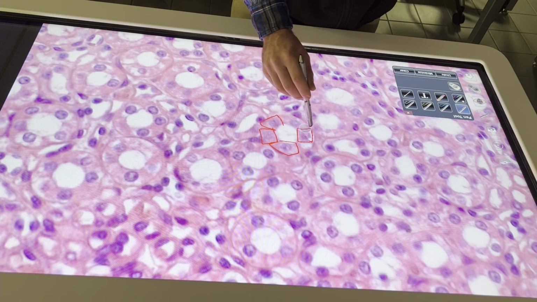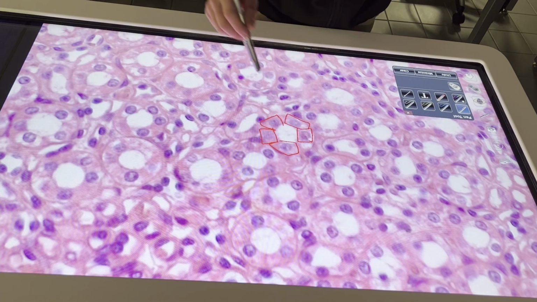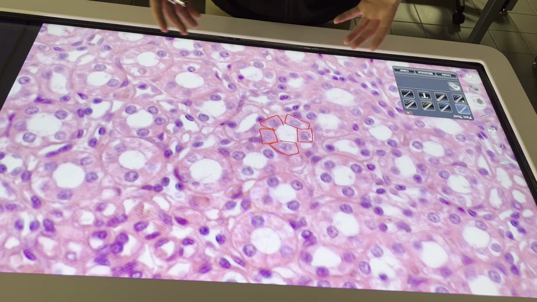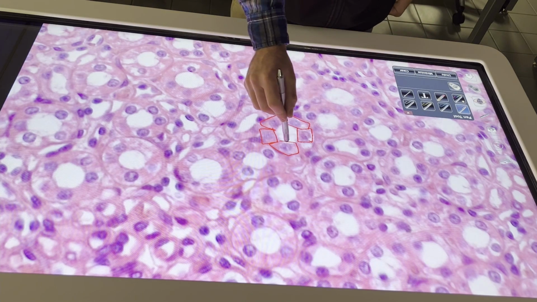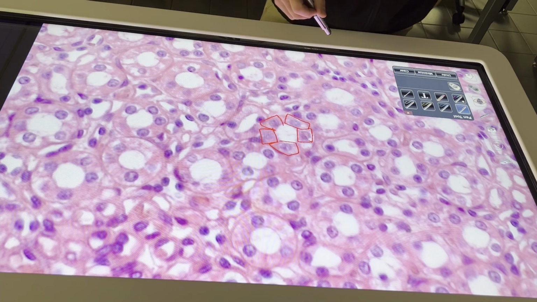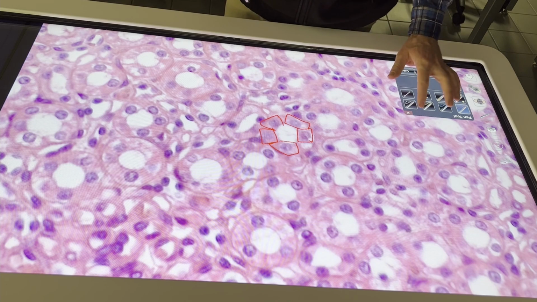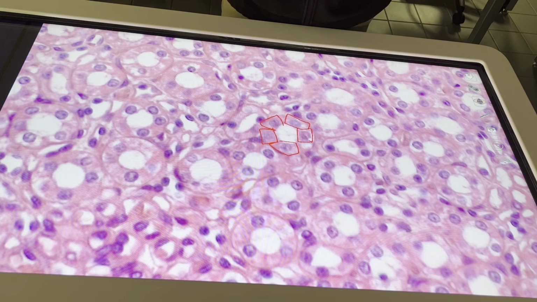So you're getting this distinct square shape and one layer of these cells. Each one of these darker spots is the nucleus of that cell. So what these guys are doing is absorbing and secreting within these tubules.